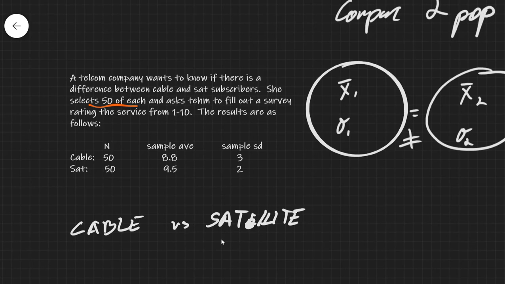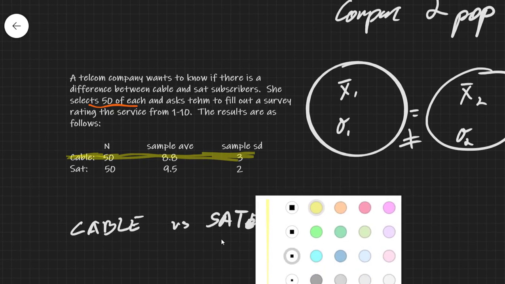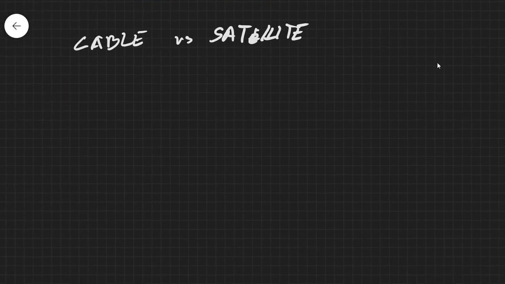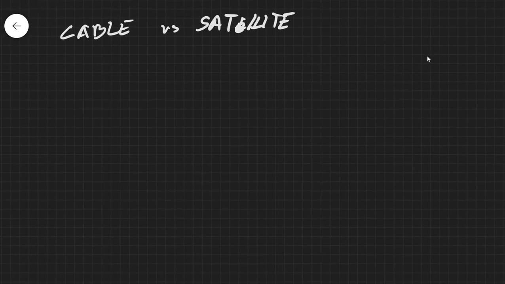The cable subscribers are here, 50, and the satellite subscribers are here. This is our X bar, this is our sample average, and this is our sample sigma, or standard deviation. So let's get started through our 10-step hypothesis process, cable versus satellite.